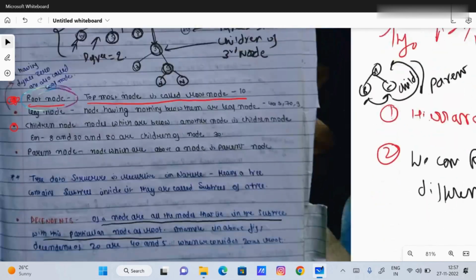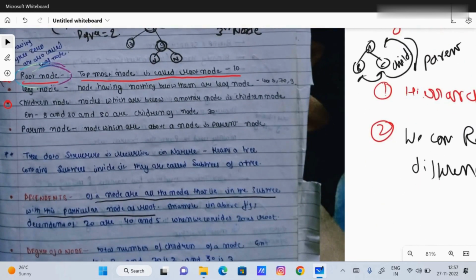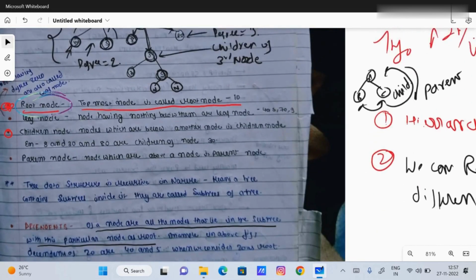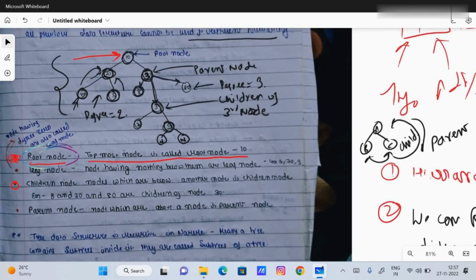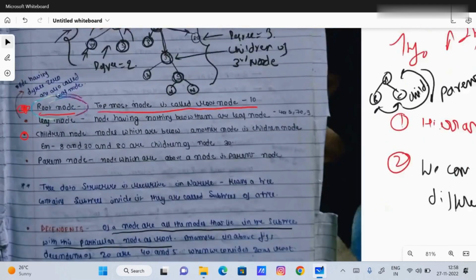Thereafter, we talked about how tree data structure is recursive in nature. To define it, we call it recursive just because it contains subtrees in it. This is the left subtree, and the right subtree is this. Hence, we can call it recursive in nature.